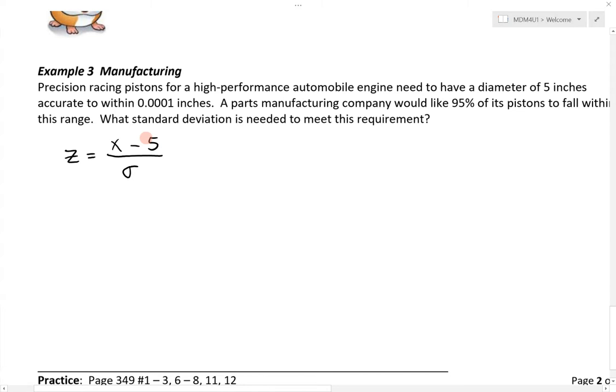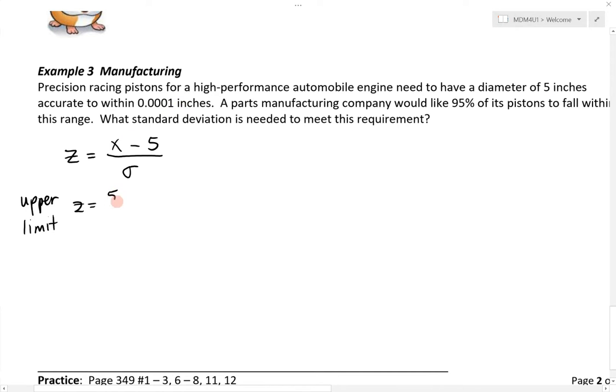Okay, so we're going to calculate the upper limit. So the upper limit of our z-score has to reflect the fact that this automobile engine piston must be within 5 inches accurate within 0.0001. So it has to be at most 5.0001. Otherwise, it won't work.